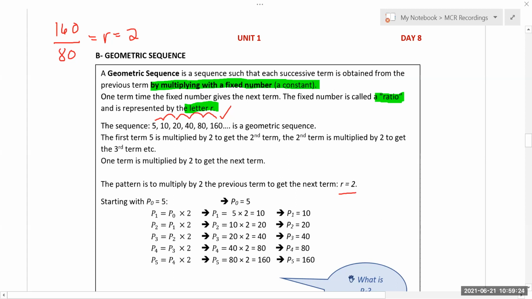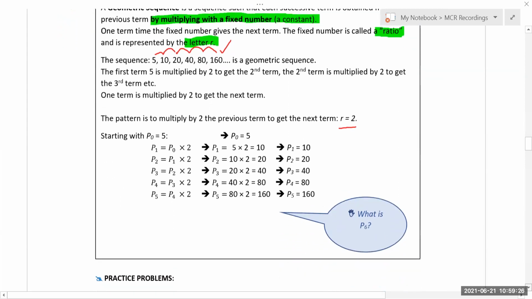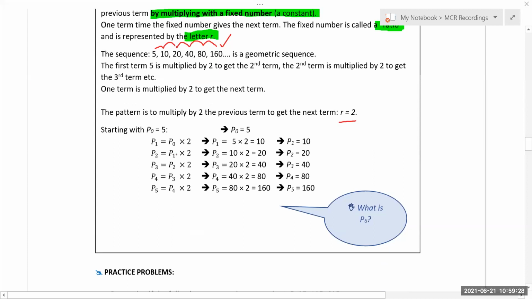So in that recursive format, if I want to get P1, I multiply the P0 by 2. And if I want to get P2, I multiply P1 by 2, and so forth. So each time I'm multiplying the previous number by 2. So if I want P6, P6 would be P5 times 2.